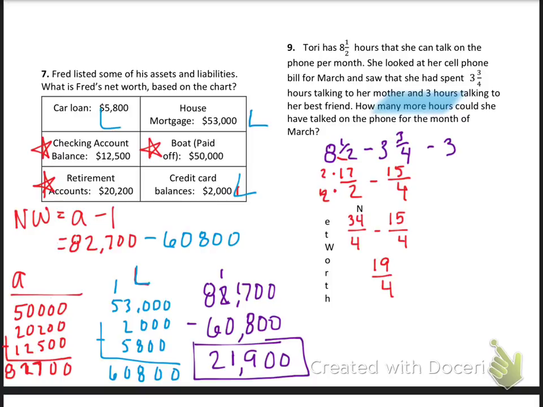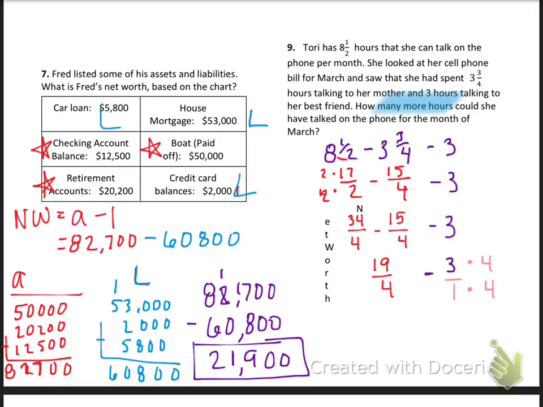But we have to remember that's not our answer because we had to keep bringing down the -3. It's really hard to subtract more than one number at a time. So I wanted to subtract those two first. So we need to subtract 3. So I can change 3 to a fraction by putting it over 1. But then we need a common denominator. Well, I can get 1 to 4 by multiplying it by 4.